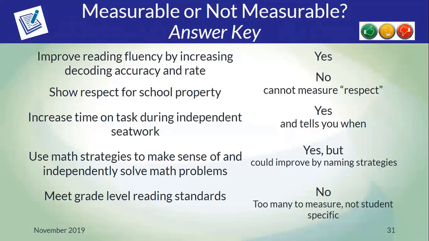So as stated, just stating that the student will meet grade level standards cannot be efficiently monitored. How would you measure ongoing progress towards meeting all of, for example, the reading standards for a student? So you would want to narrow that down to specific things related to that student's needs.